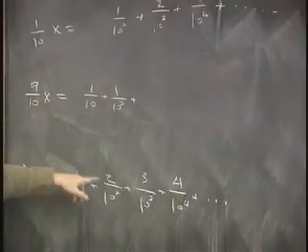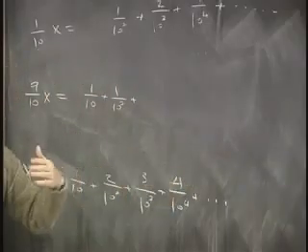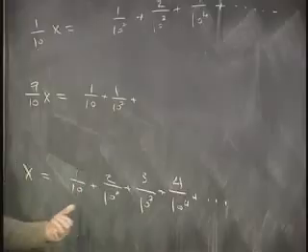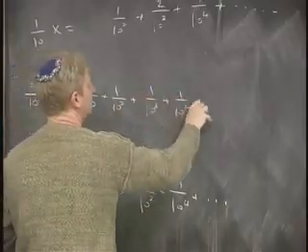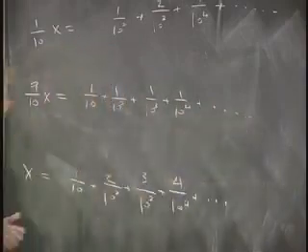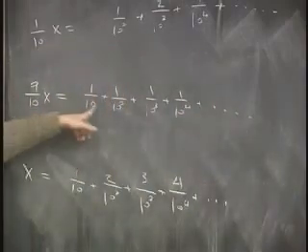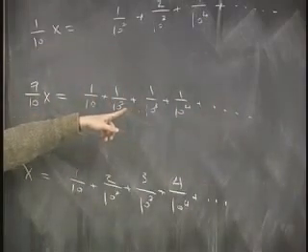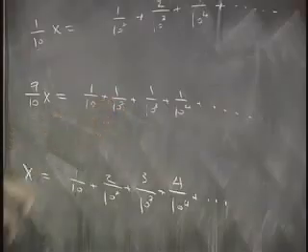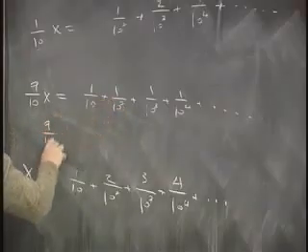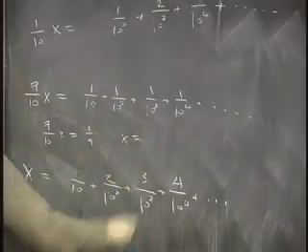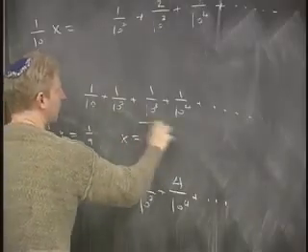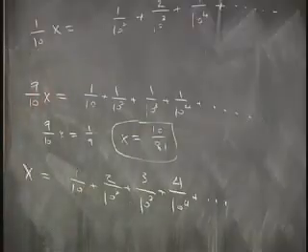After we do the subtraction, it has simplified down to a constant sequence of 1s. What does that equal? 9/10 x equals a ninth. So x equals 10 over 81.